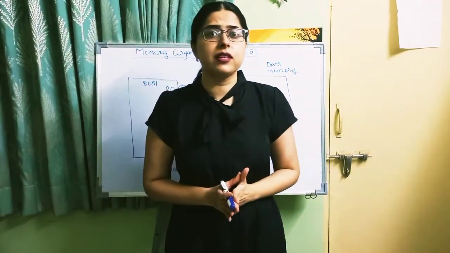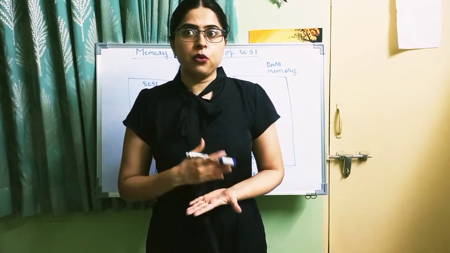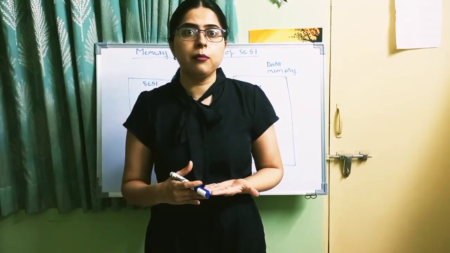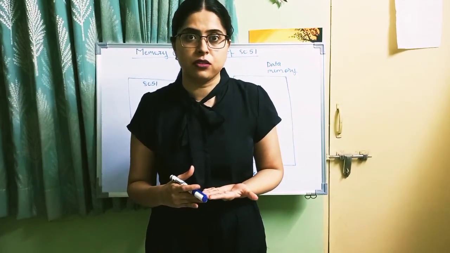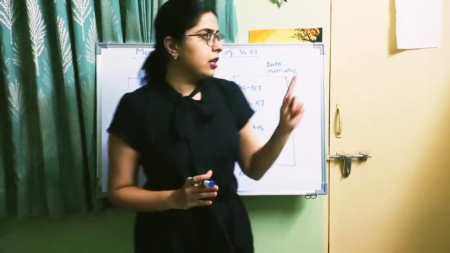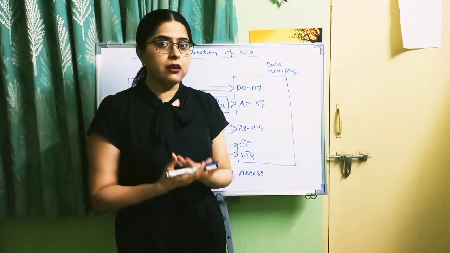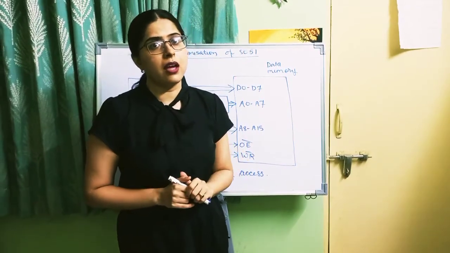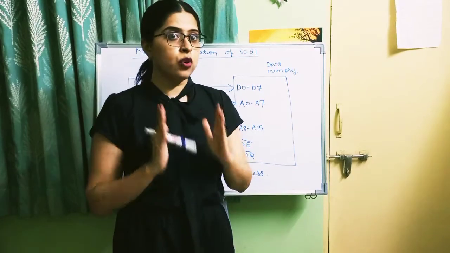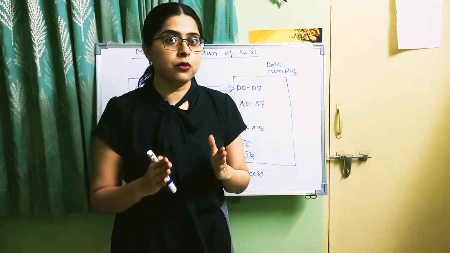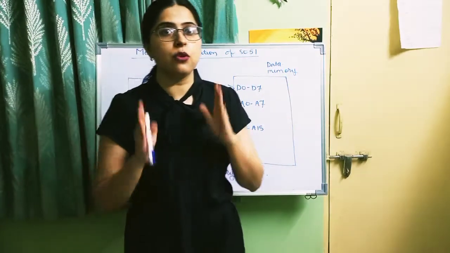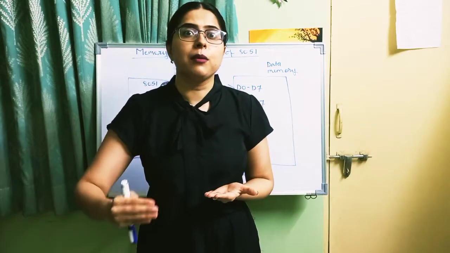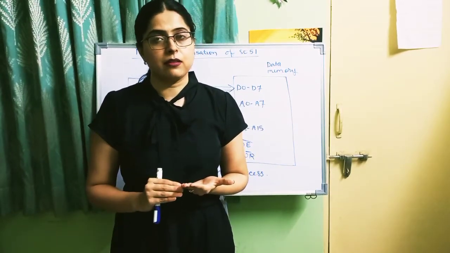Now we saw in the previous lecture that the address of the program memory is held by the program counter register. In case of data memory, we also require a register to hold the address of the data memory. For the data memory, we have DPTR. I repeat, for program memory, the address is held by the program counter, and for data memory, the address is held by DPTR, the data pointer, which holds the address of the data memory we want to access.